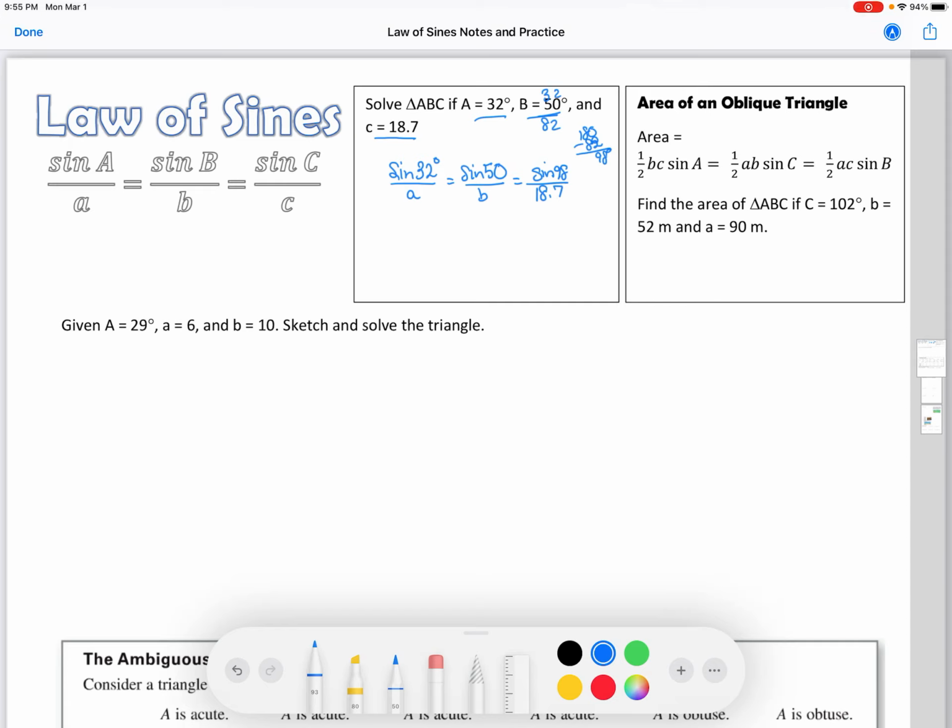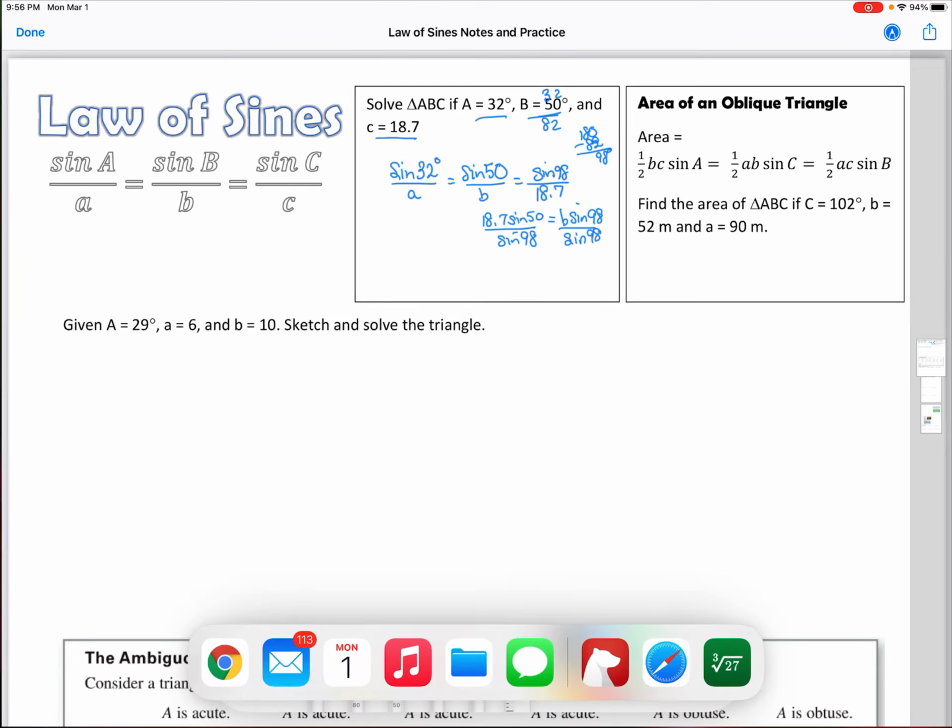So solving for one of our sides, for example side B, we can cross multiply and say that 18.7 times the sine of 50 is equal to B times the sine of 98. So to get B by itself, we'll divide by the sine of 98. And then we'll bring up our lovely calculator.